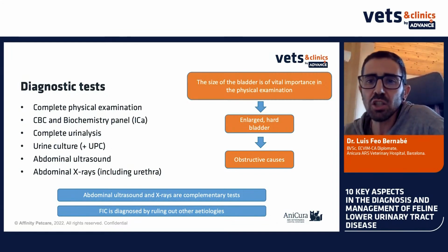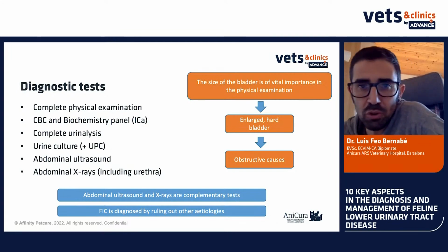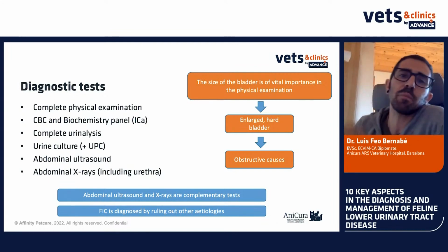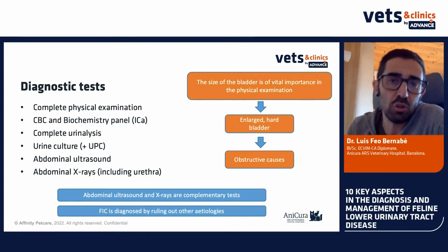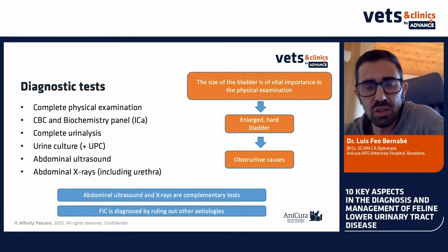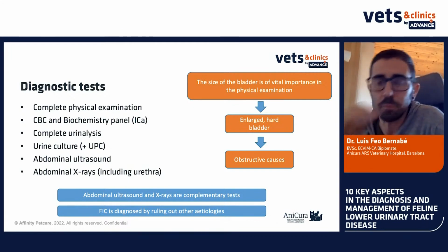If we have an enlarged, hard bladder, you can have a urethral obstruction. It's important to know this at the beginning, because if you have an obstruction, you need to go faster in your diagnostics. You need to do abdominal ultrasound and abdominal radiographs as soon as you can.